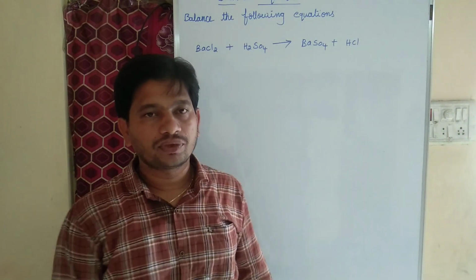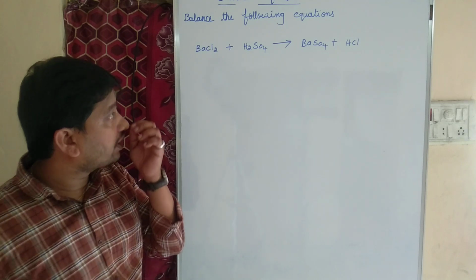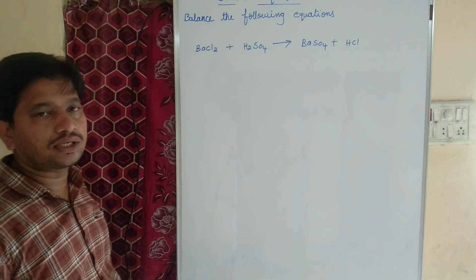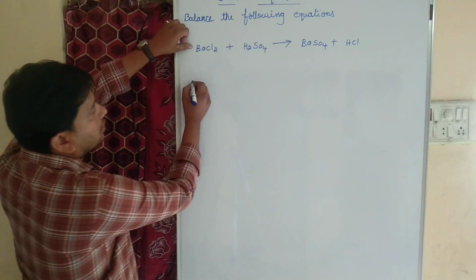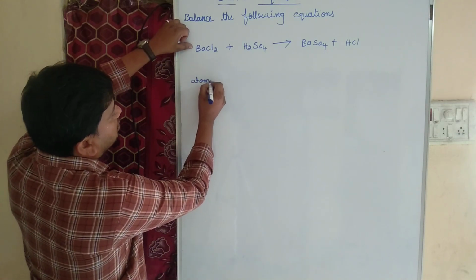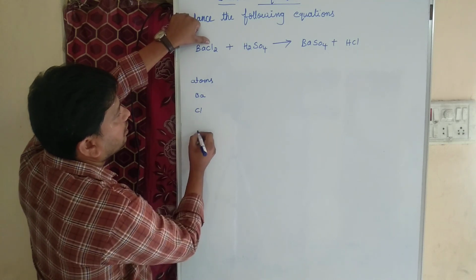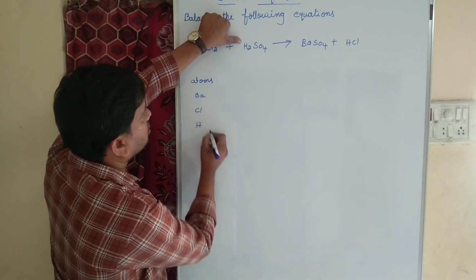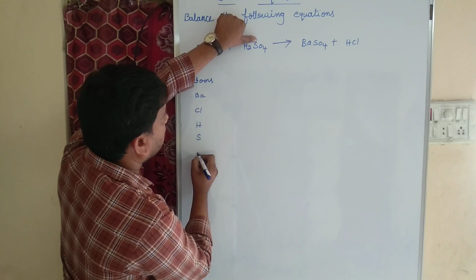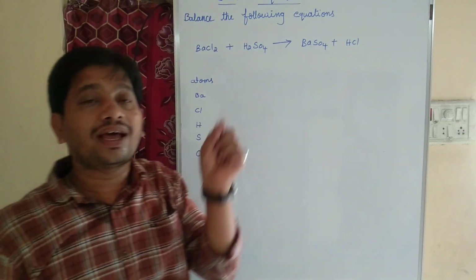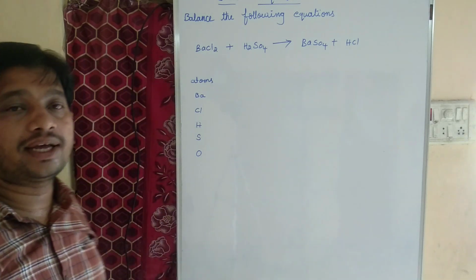Okay. Now let us see what atoms are present on the LHS as well as the RHS. So here let us write the atoms: barium, chlorine, hydrogen, sulfur, oxygen. We need to identify the atoms present in the chemical reaction.